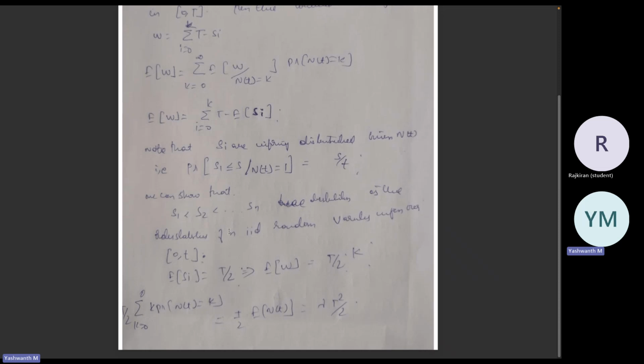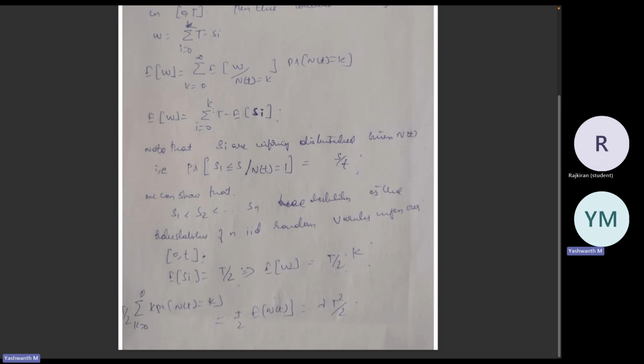And once you know that it is uniformly distributed, then the expectation of Si is T by 2, because we want till the time T.